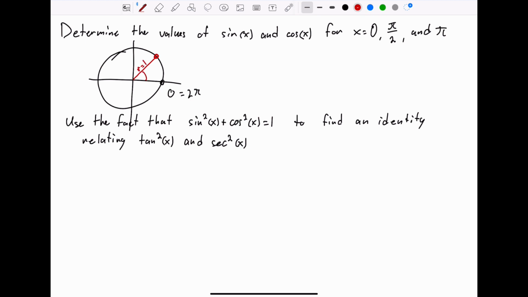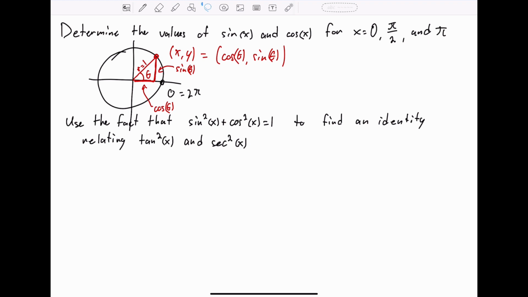This is some angle, we'll call this angle theta. The point here has an x value of cosine and a y value of sine. So the xy point is cosine of theta, sine of theta. That means that this vertical height here is sine of theta, and this horizontal height here is cosine of theta.